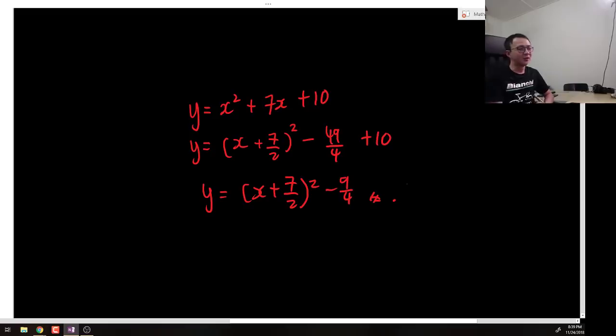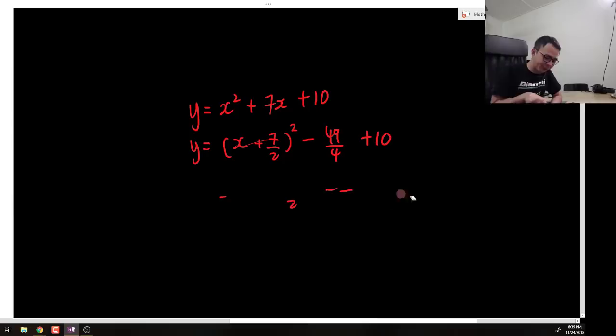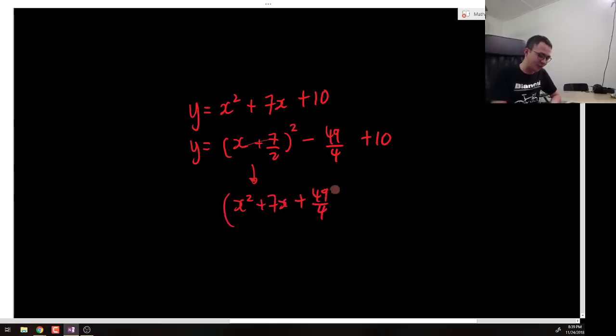Alright, so you might ask me, how does this actually come about? How do I actually get this? If I expand the bracket here, I get x² + 7x + 49/4. If I expand the bracket, this is what I will get. And from here, you can see these two terms are on the top here.